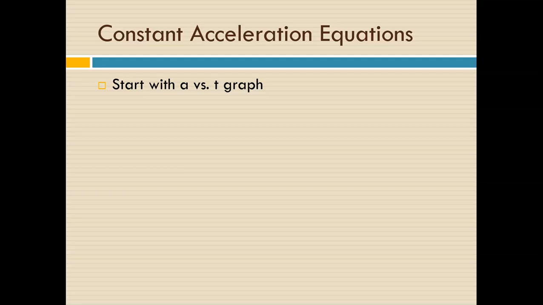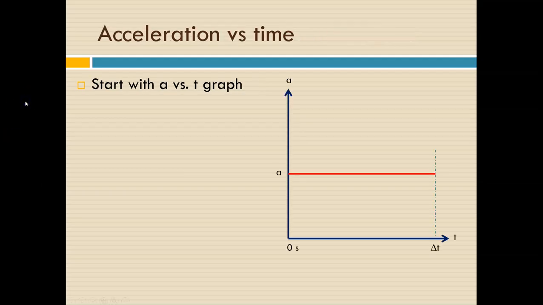Let's start off with the acceleration versus time graph. Let's start doing the derivations here. What we're doing is we're creating a mathematical model of constant acceleration. Okay? On the acceleration versus time graph, we see that the acceleration line is straight horizontal across. It's going to go across for some period of time.